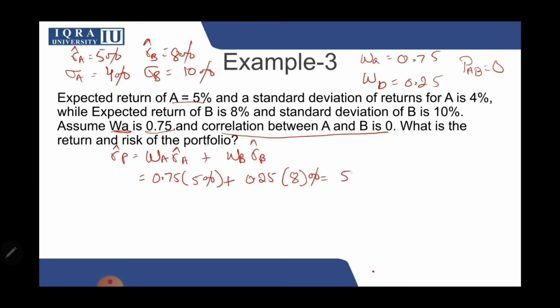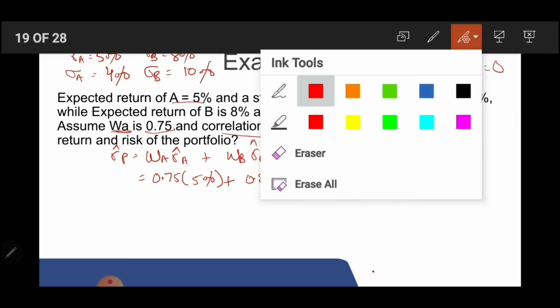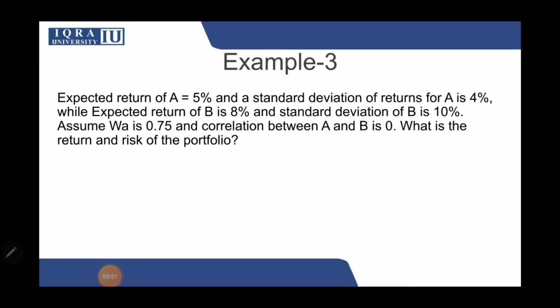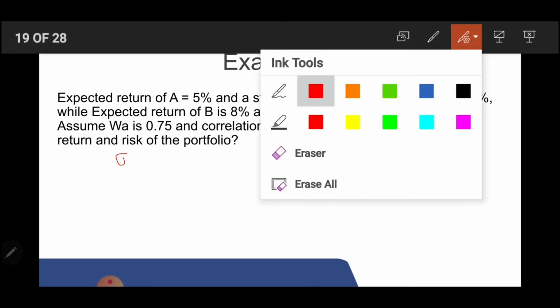If you solve this, your answer will come to 5.75%. So this is the return of the portfolio. Now we will also calculate the standard deviation of the portfolio. I'm going to erase this. Okay, so we were calculating the standard deviation of the portfolio now.